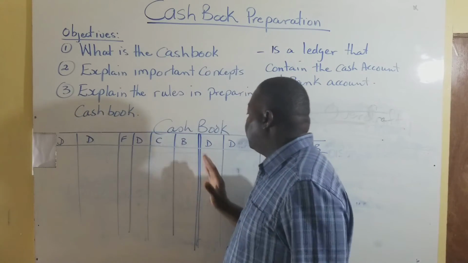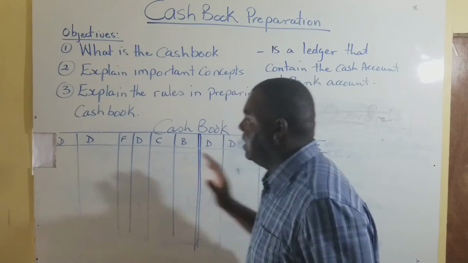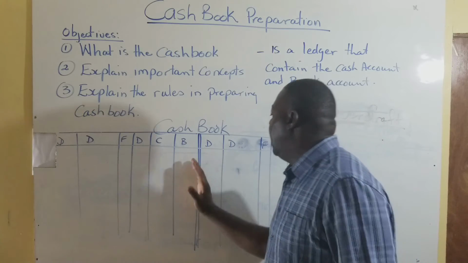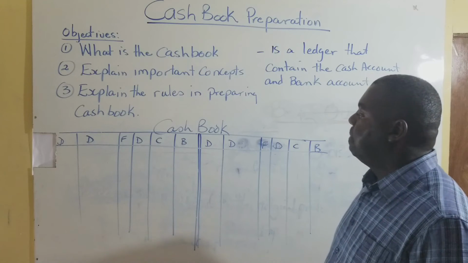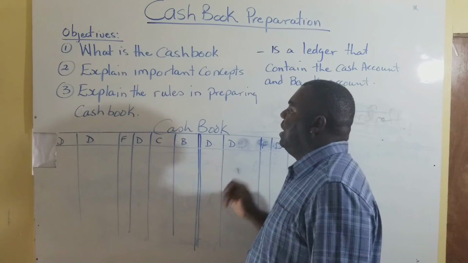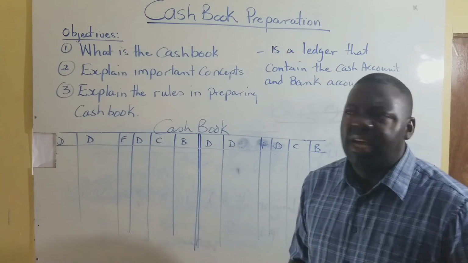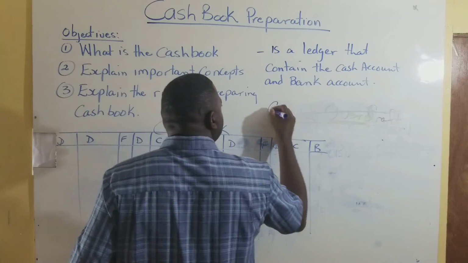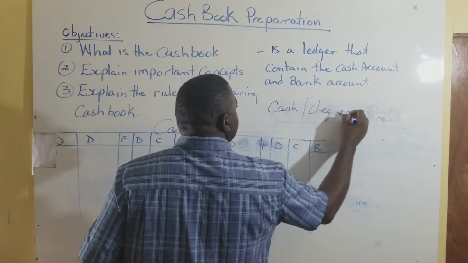Now, the double line indicates the difference between the sides. So everything over here would be referred to as the debit side, and everything over here would be referred to as the credit side. Now, the rule in recording in the cash book is to only record transactions relating to cash and check transactions.